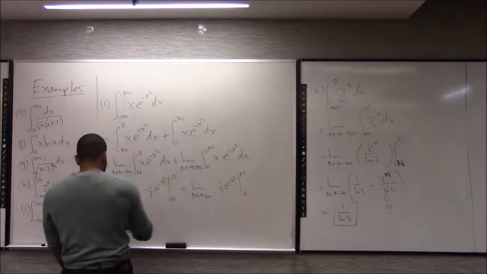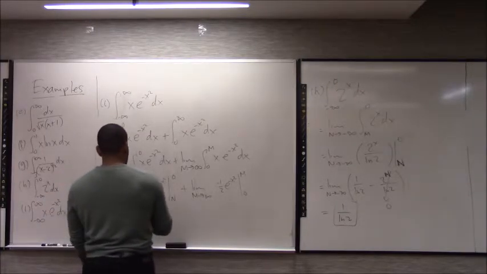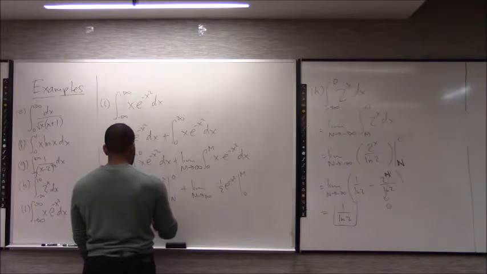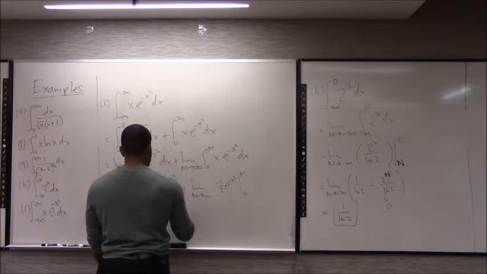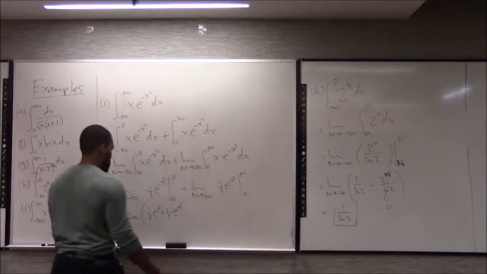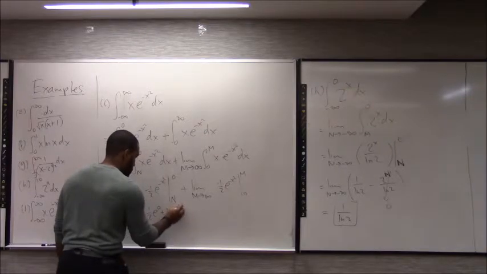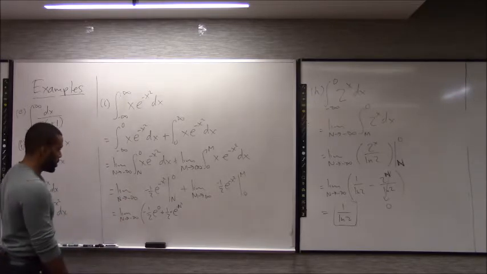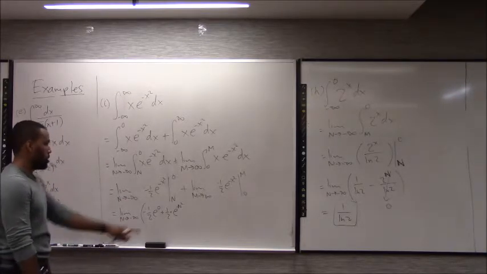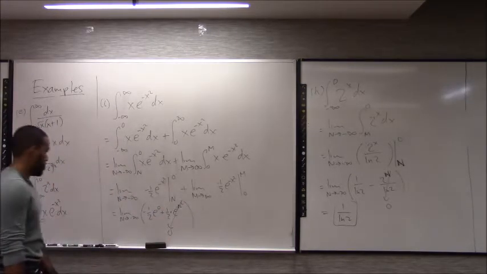So here I would have the limit as n approaches negative infinity of minus a half e to the 0 plus a half e to the minus n squared. Now as n goes off to negative infinity, we're squaring it so it becomes positive, and then I'm raising that to a negative power, so this whole thing goes off to 0.